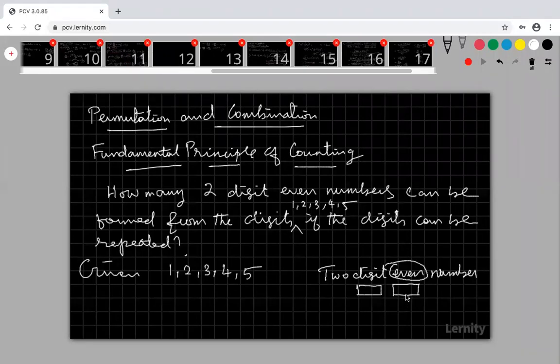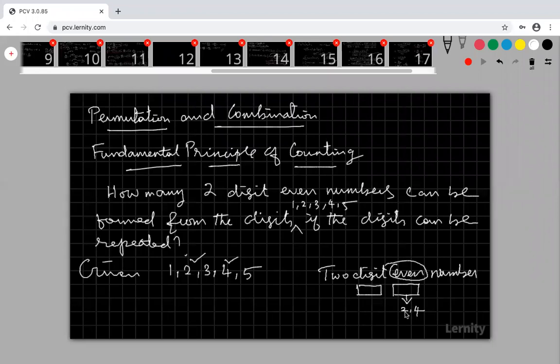So this unit place must be 2 or 4, because these two are the even numbers. If I am not getting 2 or 4 in the unit place, then that number will not be an even number. If my unit place is 1 or 3 or 5, that number is definitely not an even number. Are you okay? Do you understand?